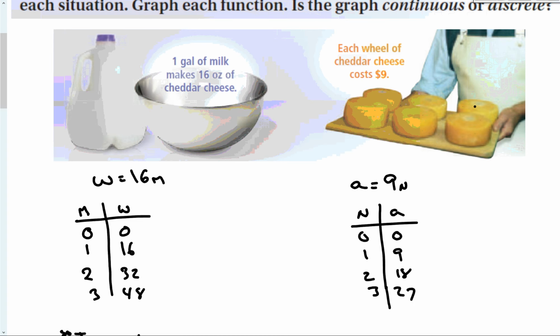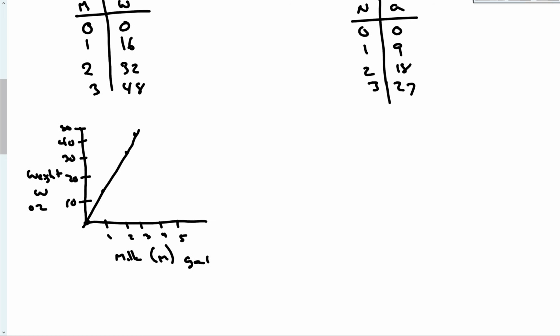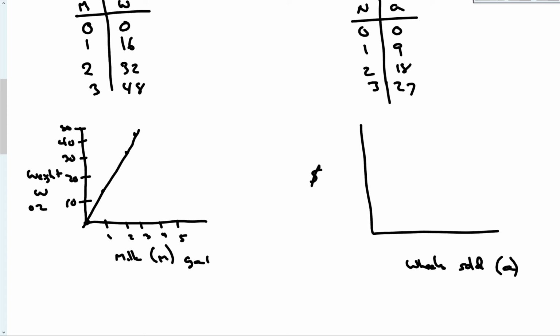Again, let's make a little graph. My x-axis is going to be wheels sold, and my y-axis is going to be dollars.